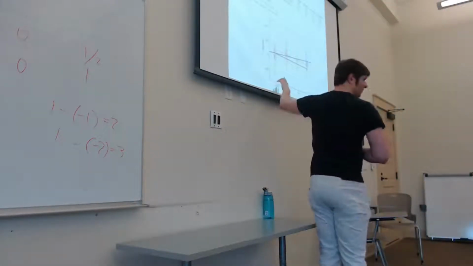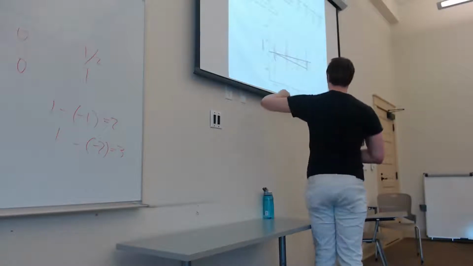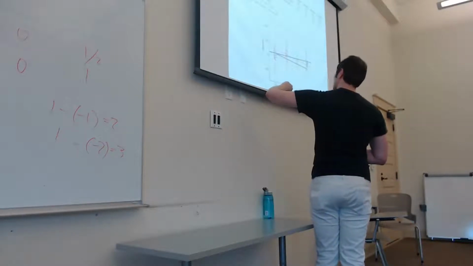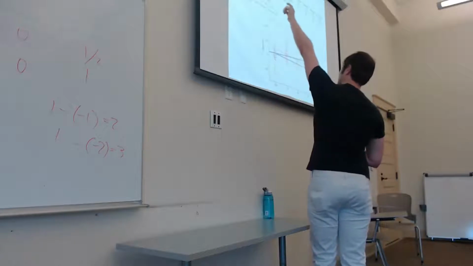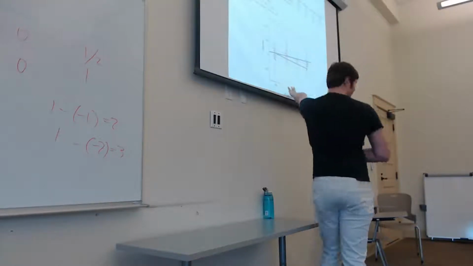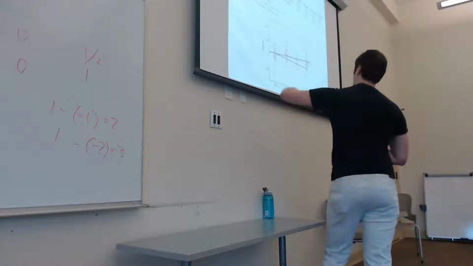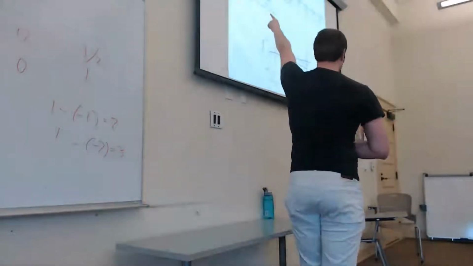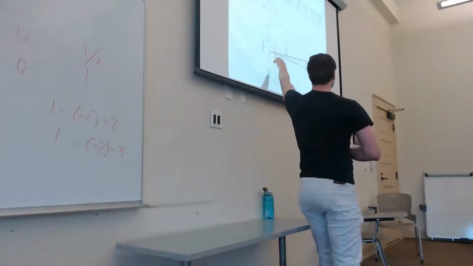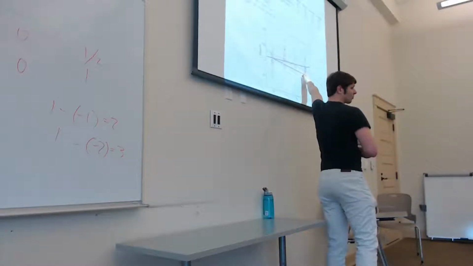So I've graphed C1 on the x-axis. This C1 is represented in this slope right here.